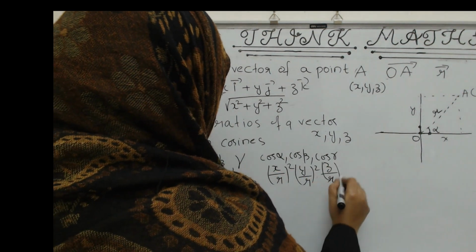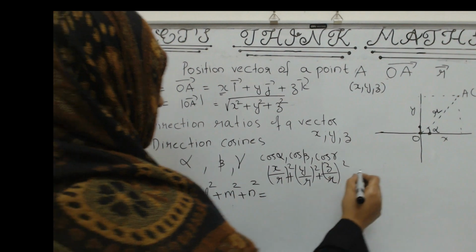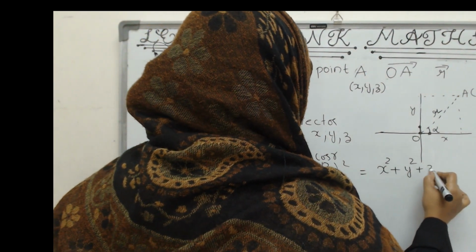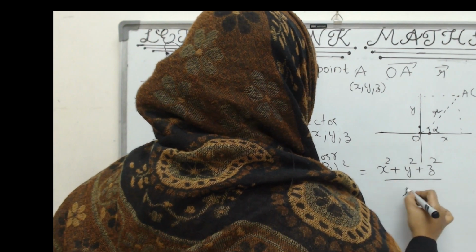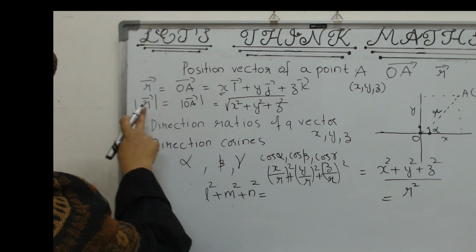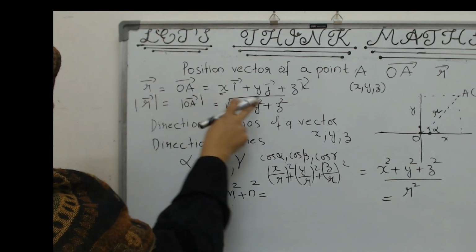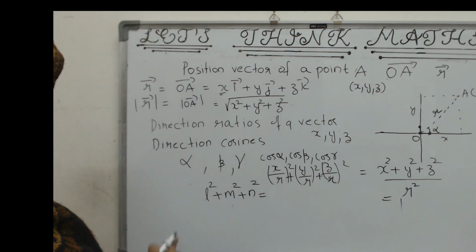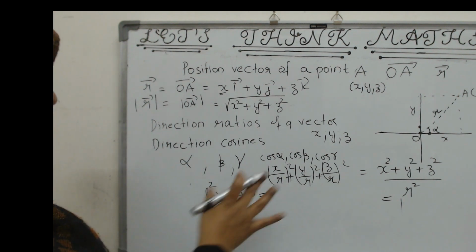And add them. If you add them, you will see it is x square plus y square plus z square by r square. But then, what is r? r is the square root of it. So square both sides, what do you get? You get 1. So the direction cosines are related to each other in this way.